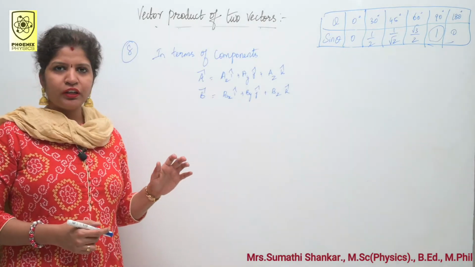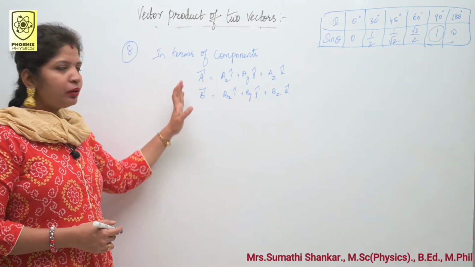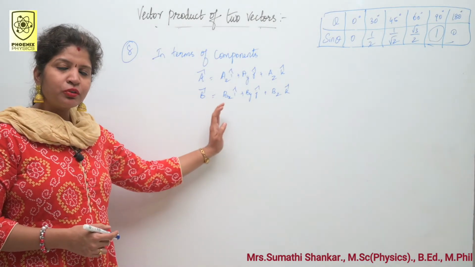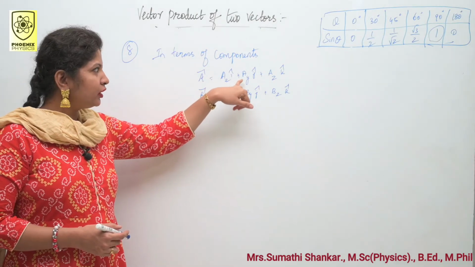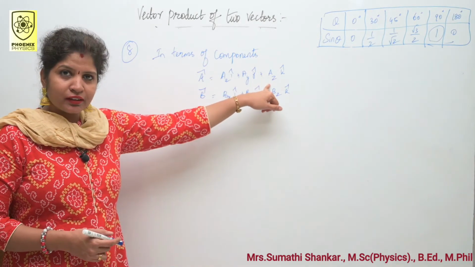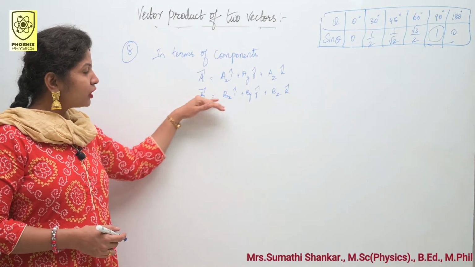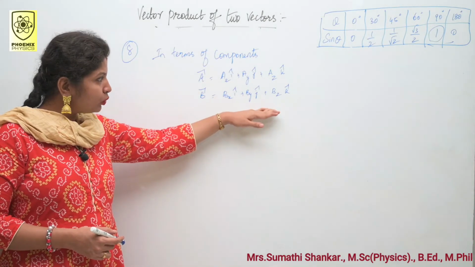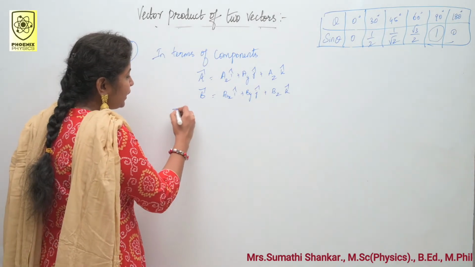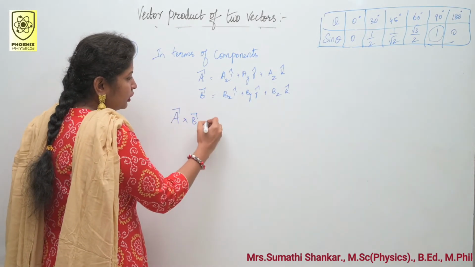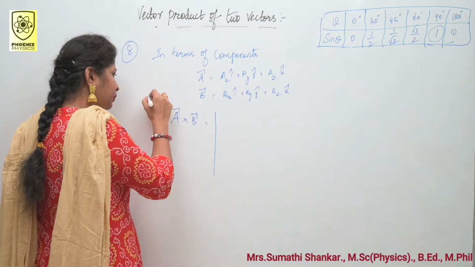Our eighth property: A and B are given in terms of components. That is A vector is equal to Ax i vector plus Ay j vector plus Az k vector. Then B vector is equal to Bx i vector plus By j vector plus Bz k vector. Then how do you find A cross B? This is a very, very important property.